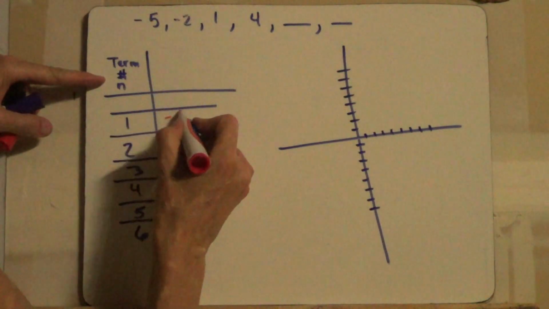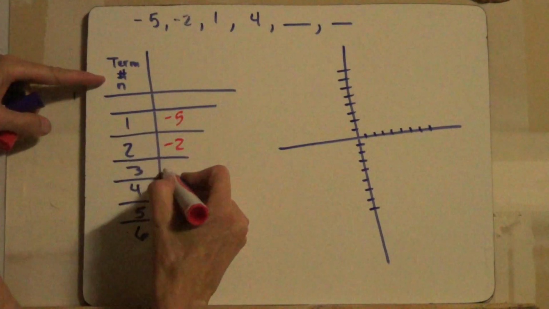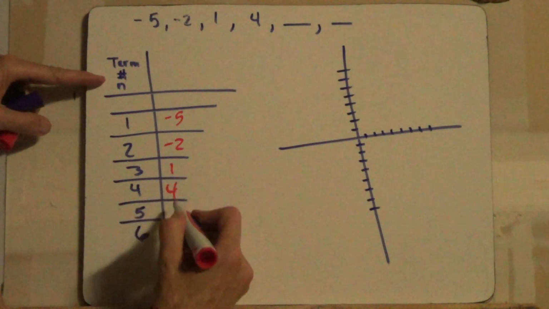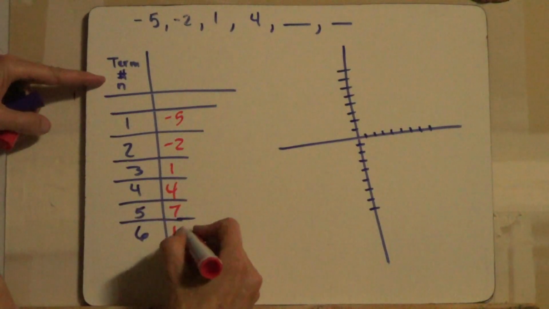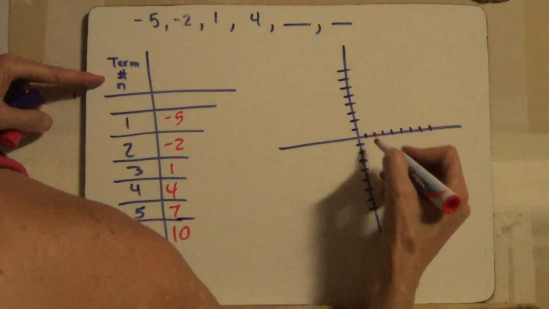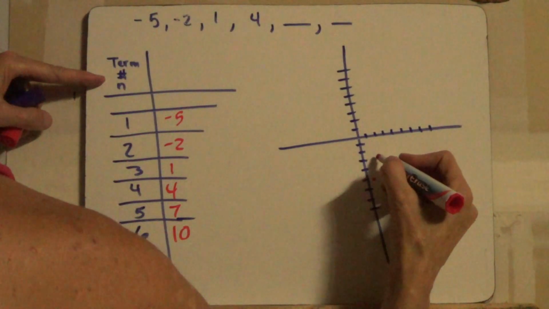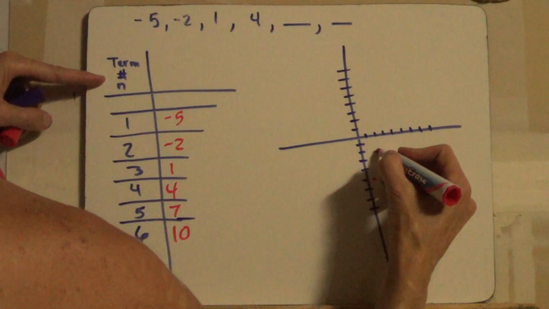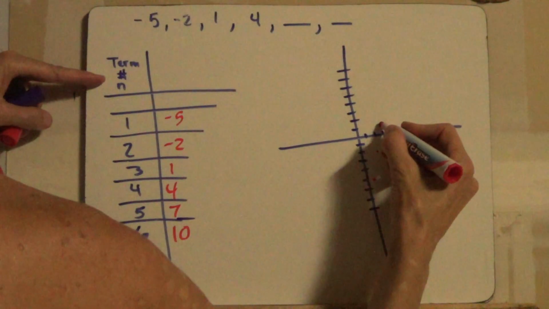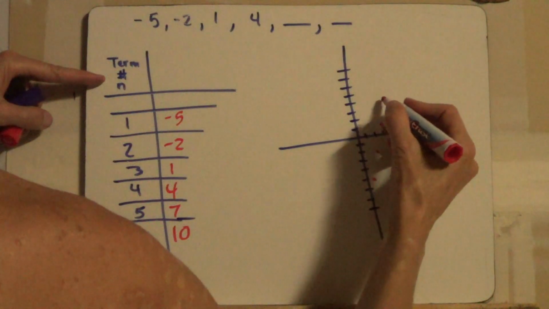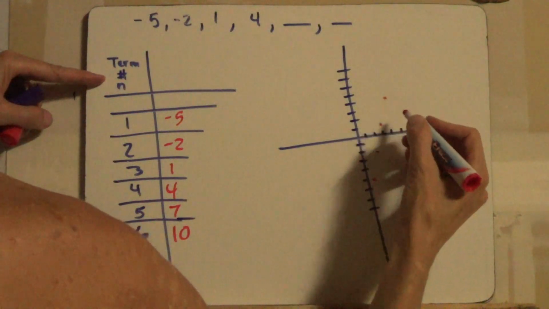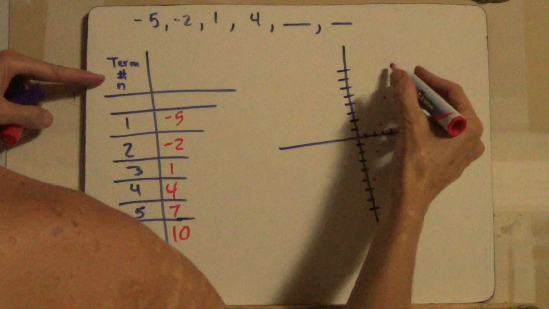So if we were to graph it, remember in class we would go ahead and graph these. So at first term it's -5, second term it's -2, third term it's 1, fourth term it's 4, fifth term it's 7.